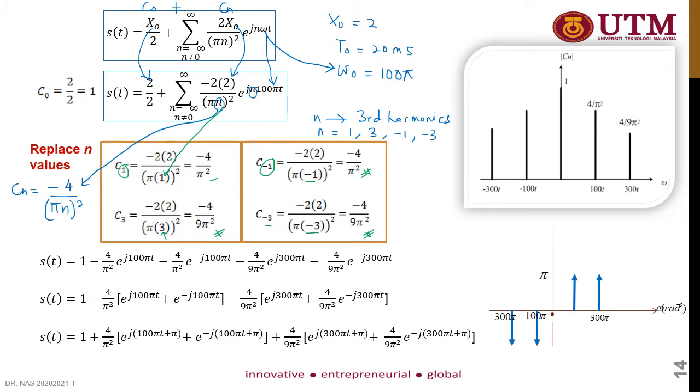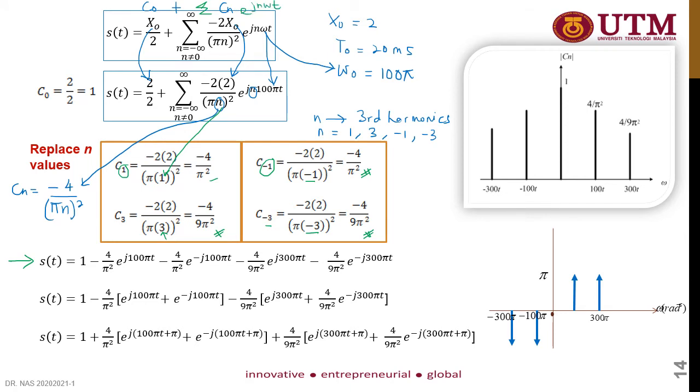So the last step is to write down the complete Fourier series equation in exponential form. So remember, the basic equation is C0 plus the summation of Cn e^(jn omega t).